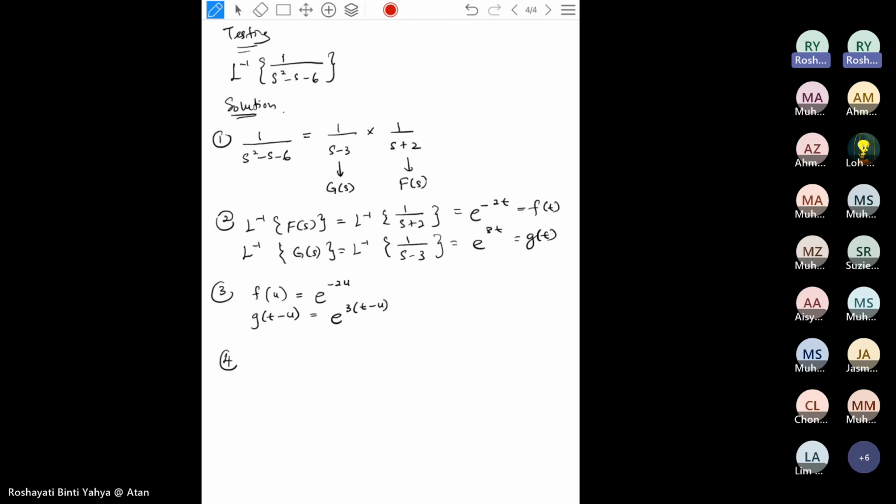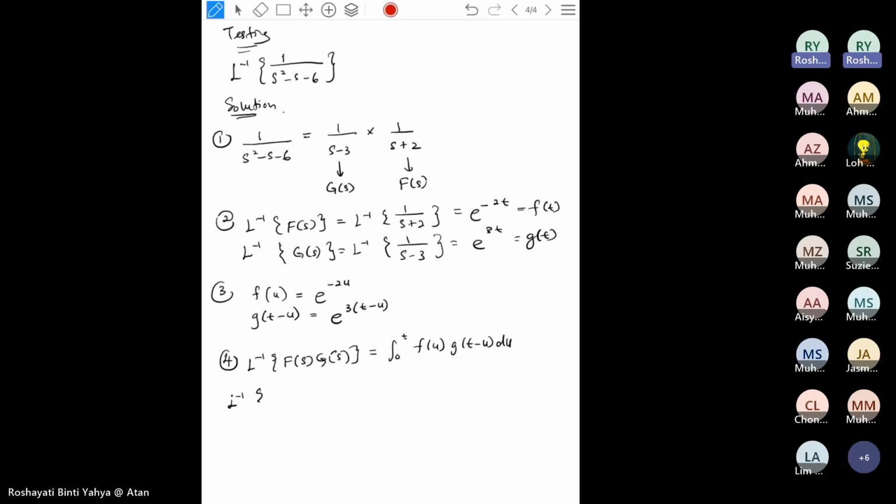Number 4, inverse Laplace transform of FS GS equal to integral from 0 to t of FU GT minus U du.